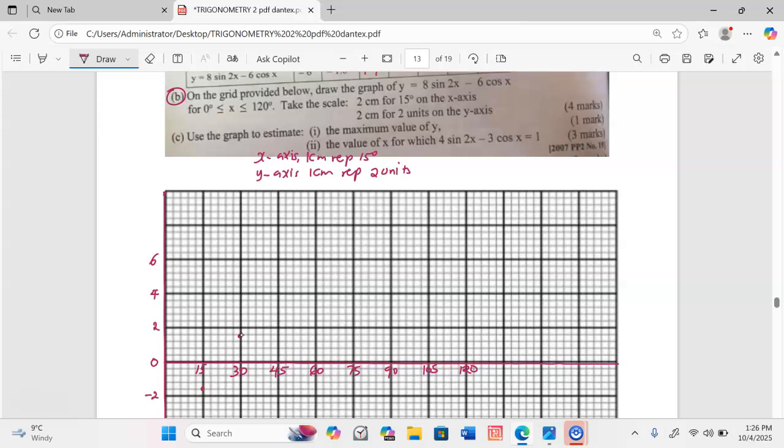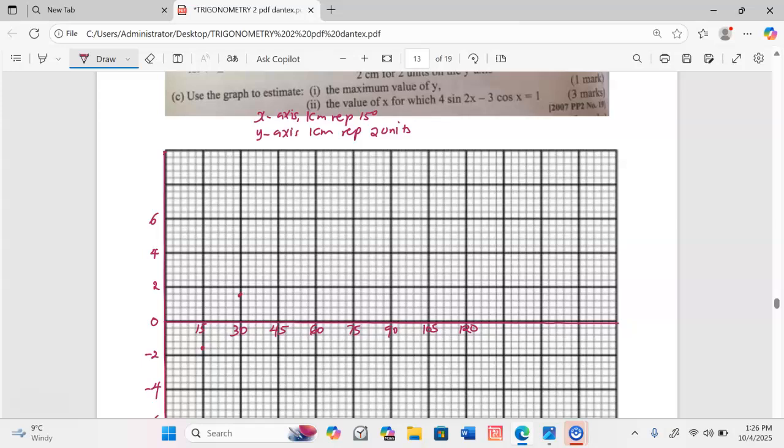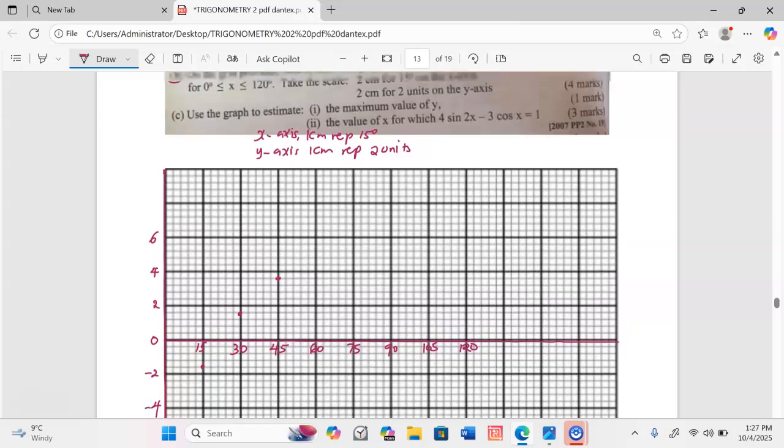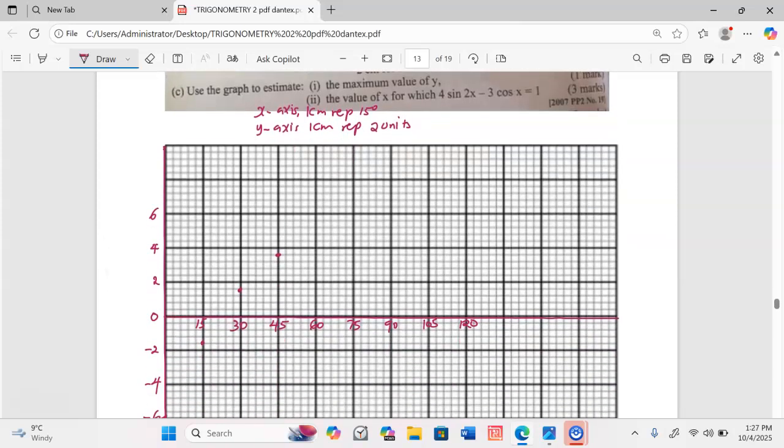So at 45 degrees, we are going to have 3.8. 3.8 will be around this point here. Then at 60 degrees, we are going to have 3.9. 3.9 is close to 4 here.